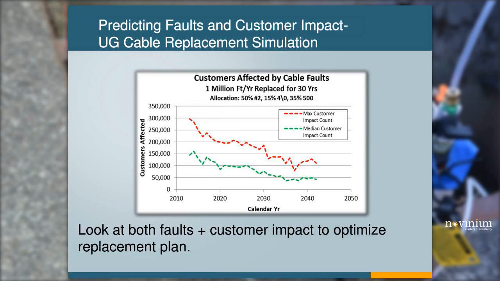Again, what we like to see here is our customer impacts always being driven downward. That's due primarily to the amount of footage that we can take out of our 500 and our 4/0 cable. That's primarily our feeder cable. So that's another piece of the puzzle that we look at as far as setting replacement amounts.